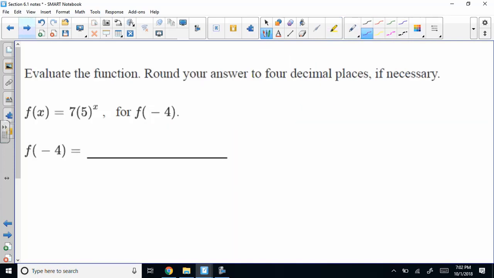Now, let's do some evaluating. If f(x) equals 7 times 5 raised to the x, what's f of negative 4? So it's really 7 times 5 raised to the negative 4, right? So if you evaluate that, just a regular chug and plug, right?